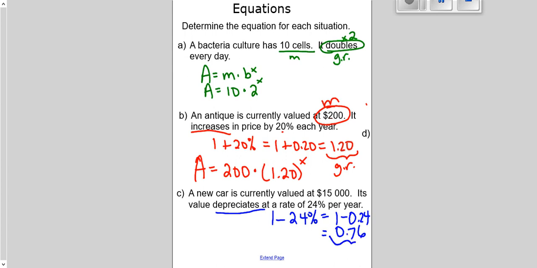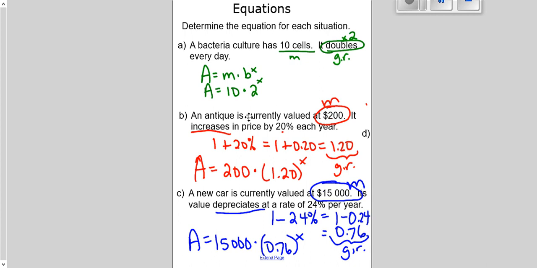So this is the growth rate. It's actually a decay rate because it's going down in value, which makes sense because it's depreciation. This is where it started at, so that's my M value. So A equals 15,000 times my growth rate, which is 0.76, to the exponent X.